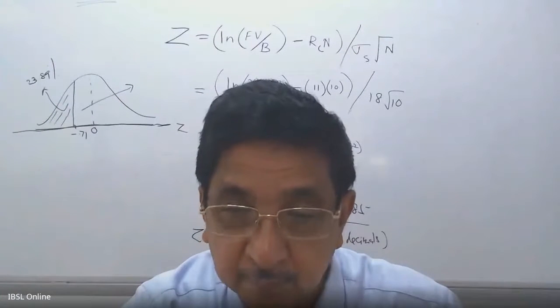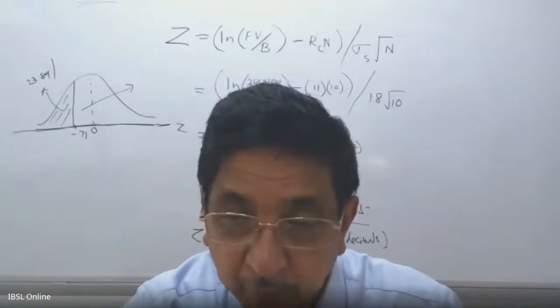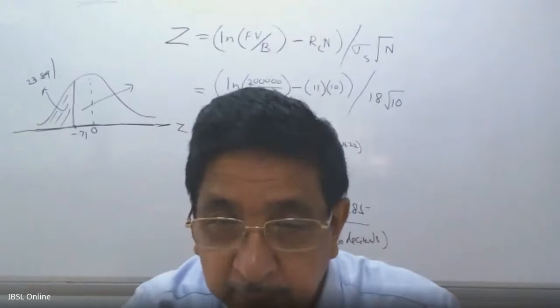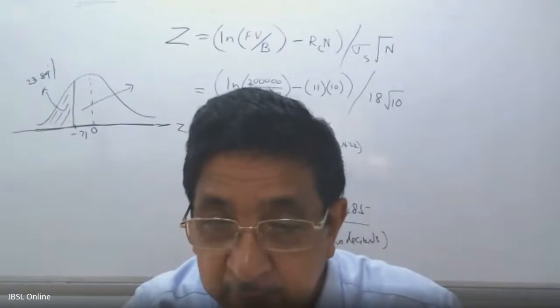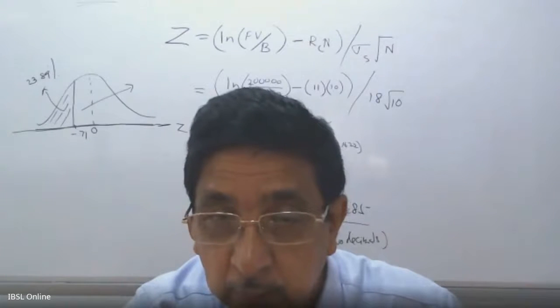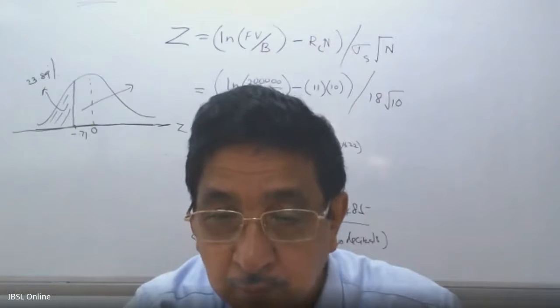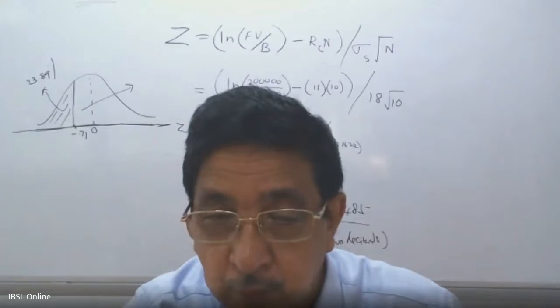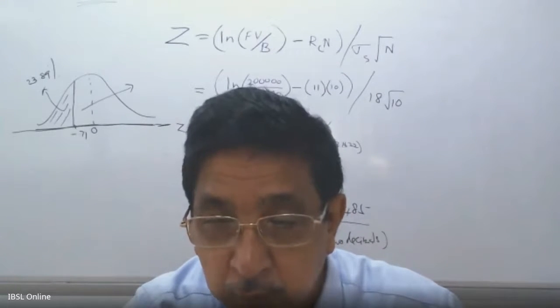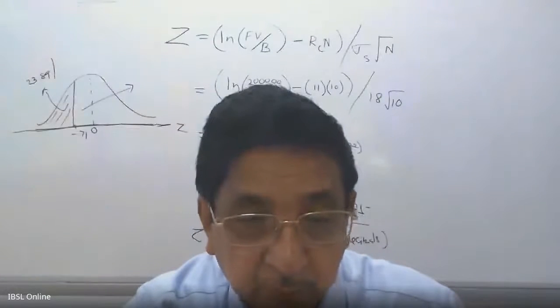We will see. For the benefit of everyone, I think a person has got some answer, 97 point something. Z value is 2.11. Anyway, we will see.